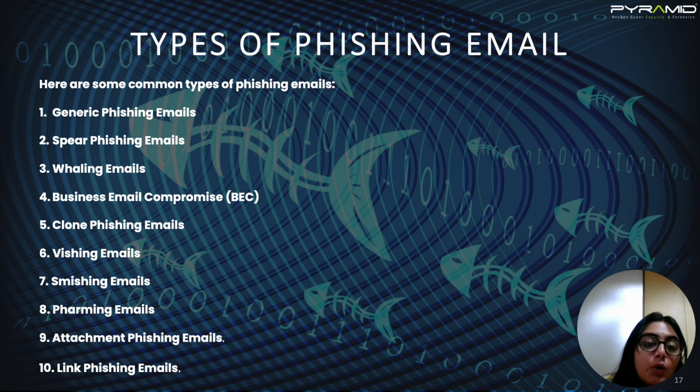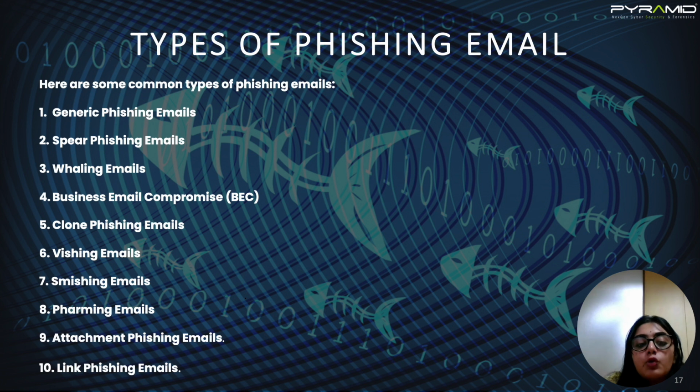Eighth, pharming emails. While not as common, pharming emails exist. These emails may contain links that lead to fraudulent websites or encourage recipients to change their DNS settings, redirecting them to malicious sites. Ninth, attachment phishing. In attachment phishing, attackers send emails with malicious attachments such as infected documents or executable files.